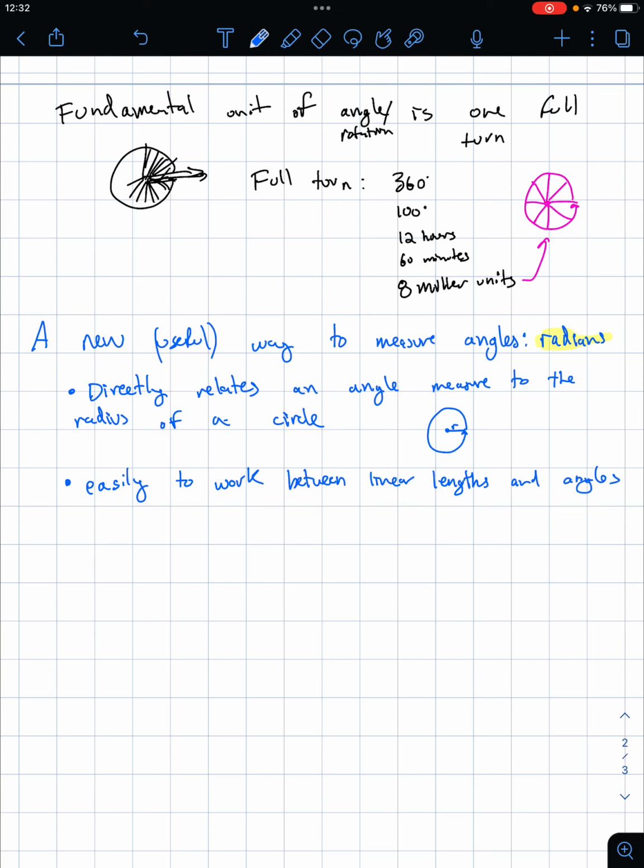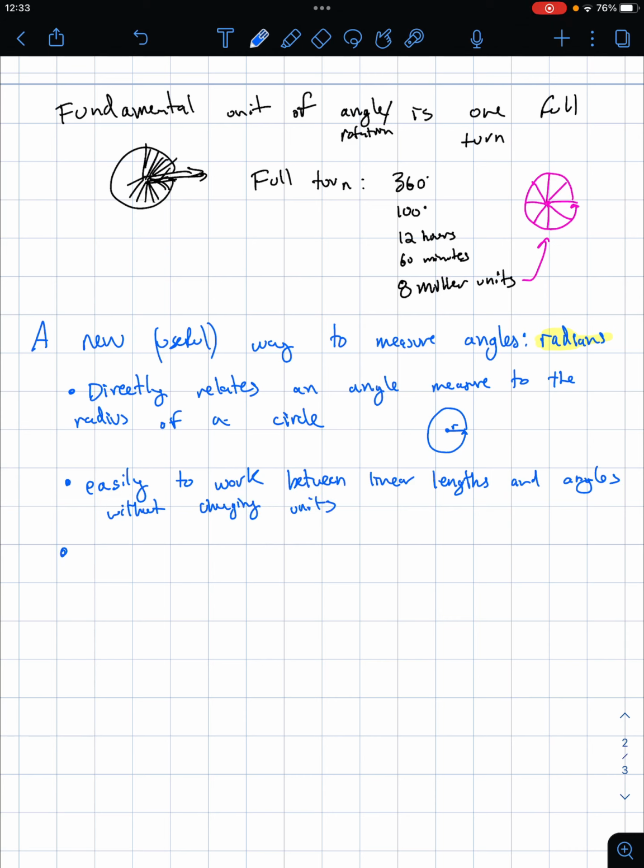So if you're measuring in degrees or hours, minutes, Miller units, whatever, you kind of have to convert between lengths and do all these different proportions, which aren't that hard, but it's a little extra. But if you measure in radians, you're going to be able to go directly between the radius and the angle. So linear lengths and angle measures without having to change units. And I'll tell you what they are in a second, I promise.